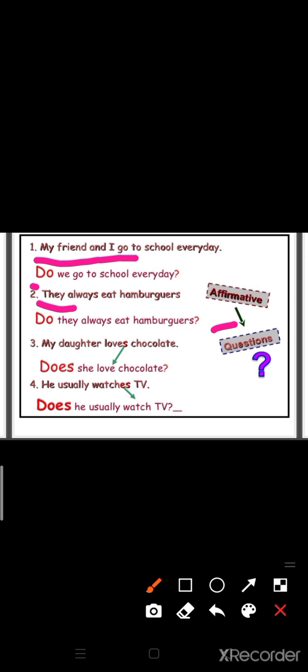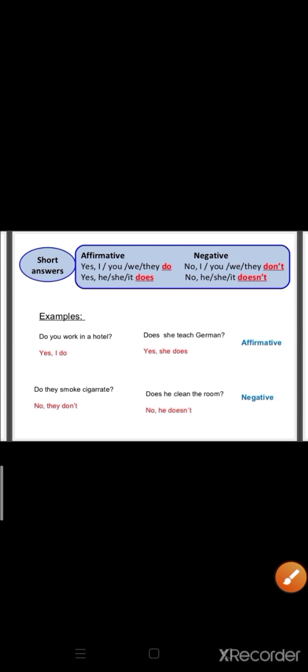My sister loves chocolate. My daughter loves chocolate. My daughter is singular subject. So with singular we will use does in the present tense, was in the past tense, and in future we will use will. He usually watches TV. He is also singular subject, here also we will use does here.